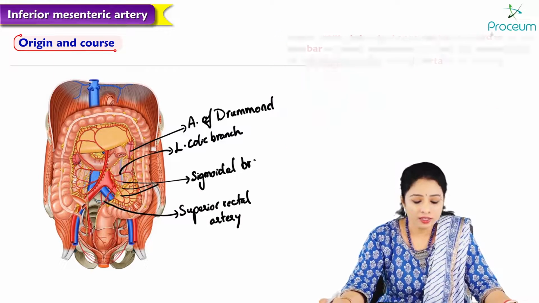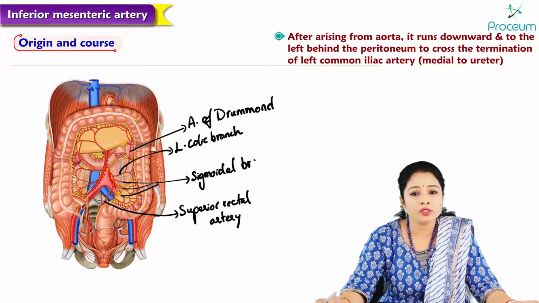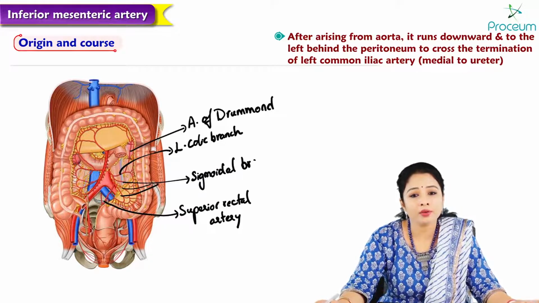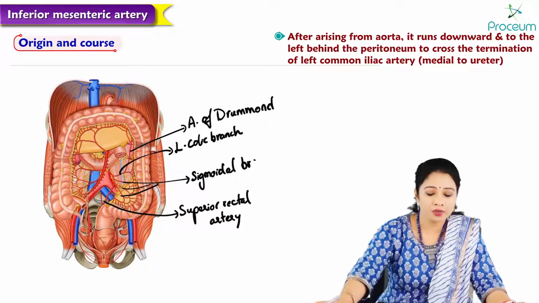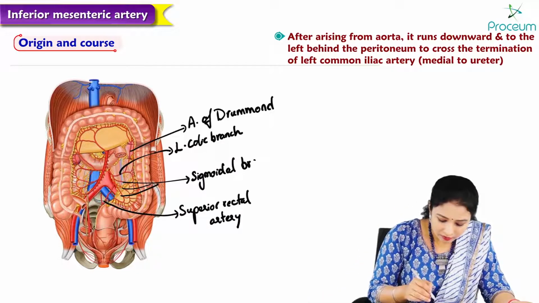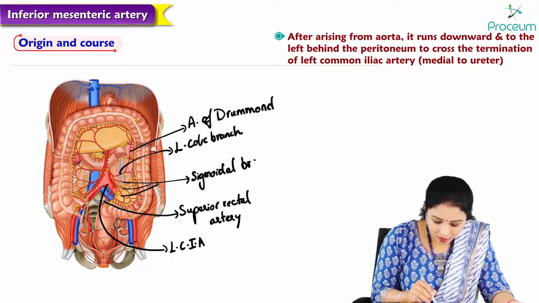After arising from the abdominal aorta, it runs downwards to the left behind the peritoneum to cross the termination of the left common iliac artery, just medial to the ureter. So we can see the left common iliac artery here, and just medial to this is the ureter.